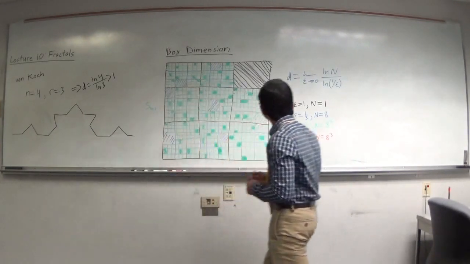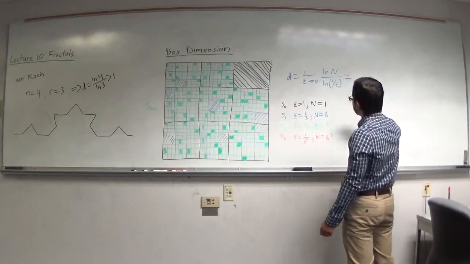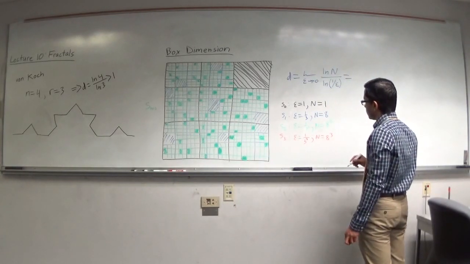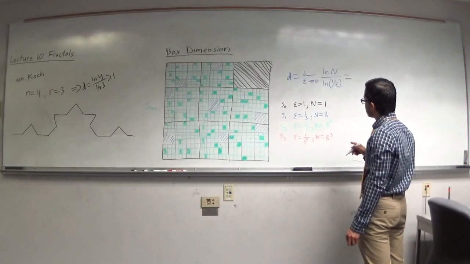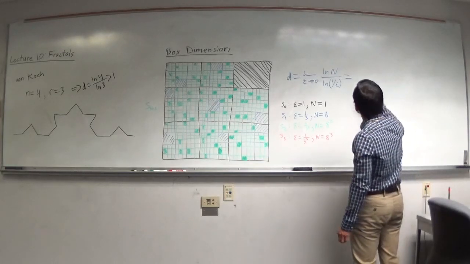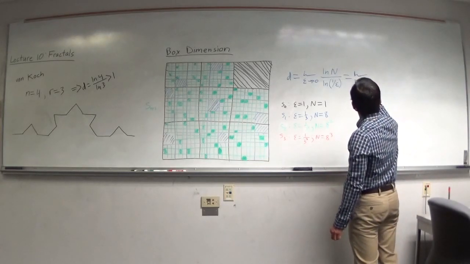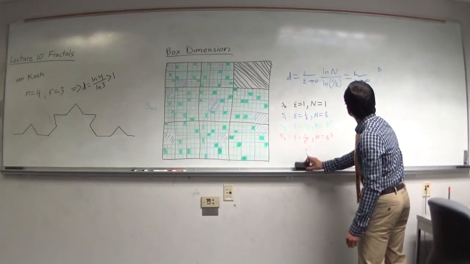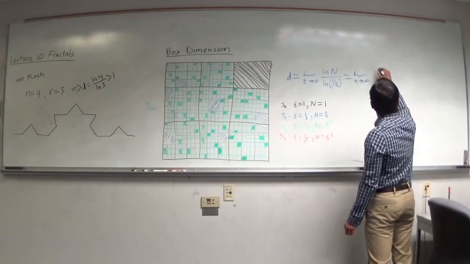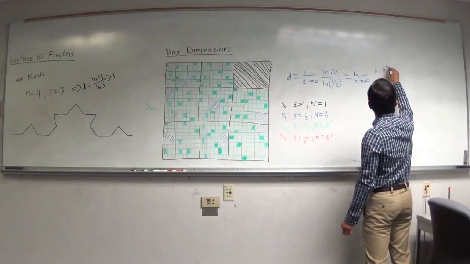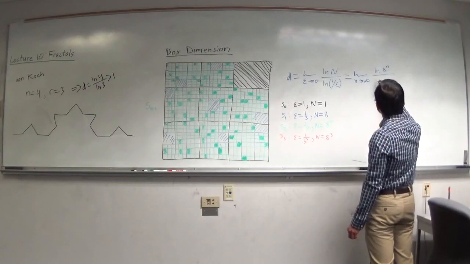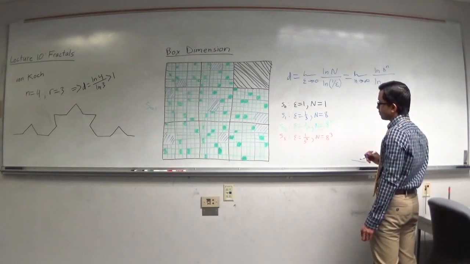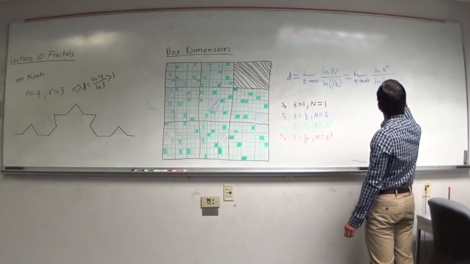So that way we can find our box dimension for this. Here, N is just going to be 8 to the n. So we can take the limit as n goes to infinity of ln of 8 to the n over ln of 3 to the n.